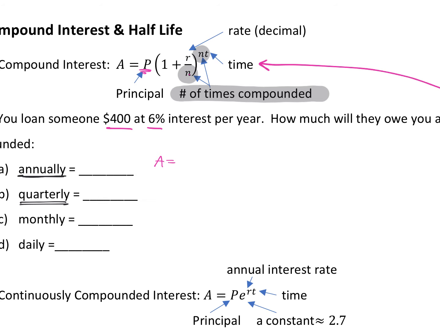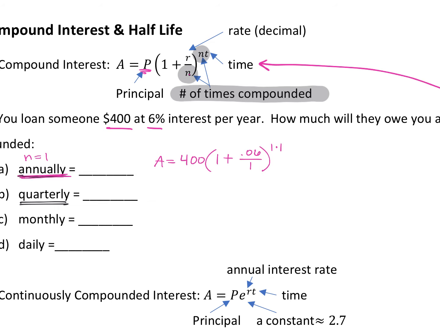It's the original amount, the amount you started with, your principal. So 400 times 1 plus... what's R right now? 0.06, right? 6% as a decimal. What's N for this annually? It's 1, right? 1 time a year. So you're going to do divided by 1, to the 1 times 1 power, okay?